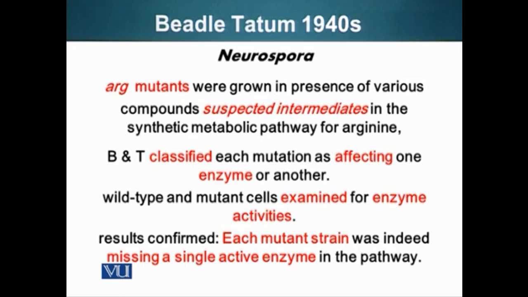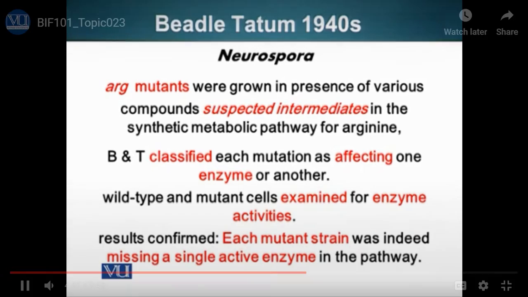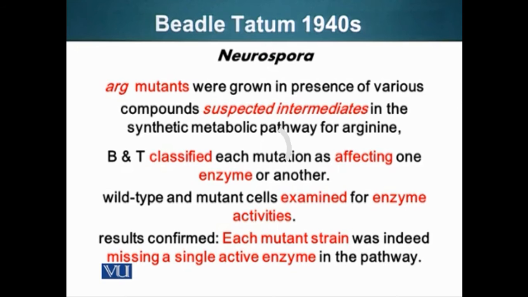So they realized that if arginine is the compound that is missing, let's see if the precursor to arginine can also recover these mutants. They classified each mutation as affecting one enzyme or another in the metabolic pathway that results in production of arginine in the cell.